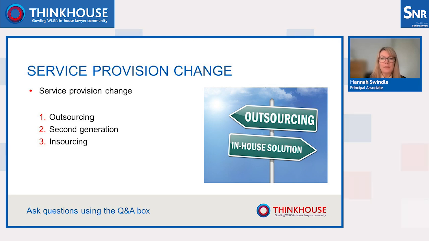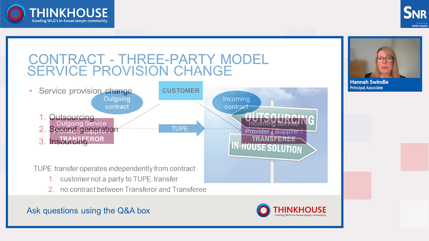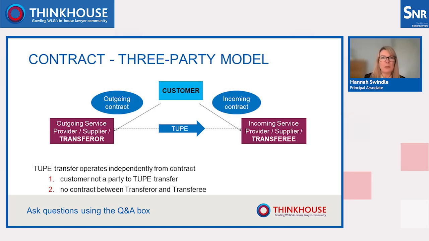So the next slide shows the typical model in an outsourcing service provision change situation. You've got the customer for the services at the top. Then at the next level down, we've got the service provider or the suppliers, and they're going to be the outgoing and the incoming employers.